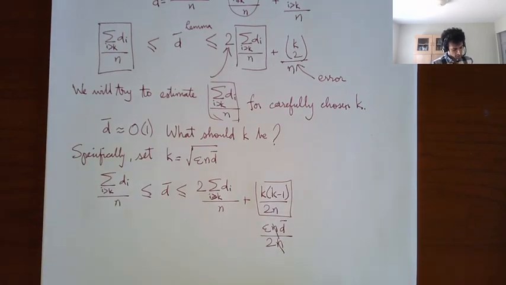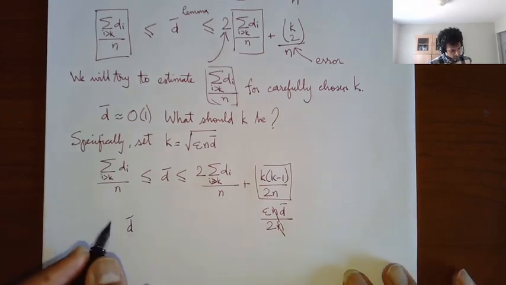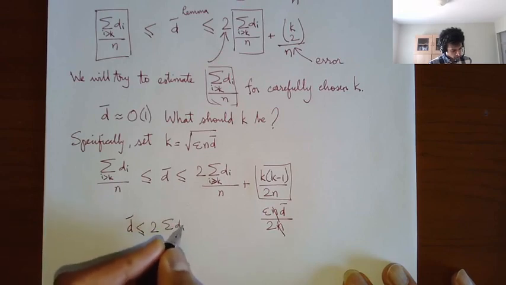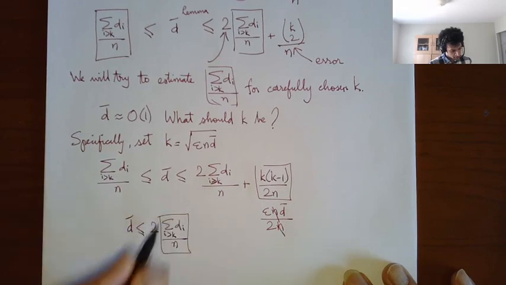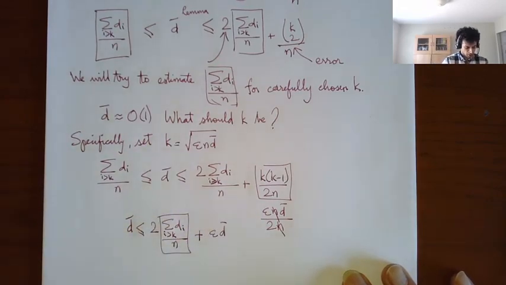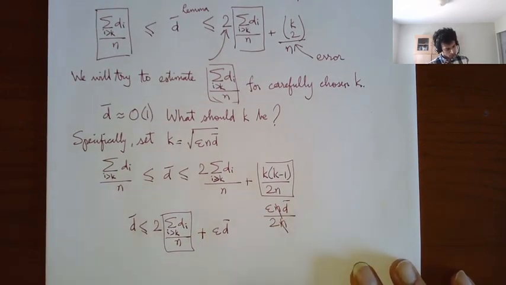And so what I get is that d prime is at most 2 times the sum of the larger parts divided by n. So this is the average of the larger part plus epsilon d. So I'm being loose with the constants here.